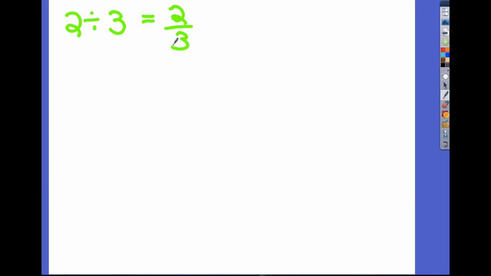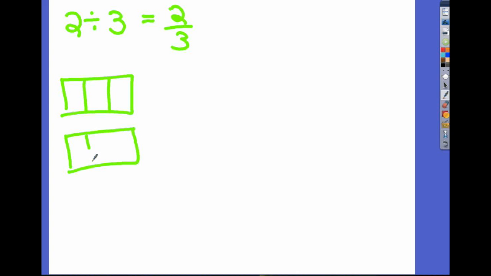Draw 2 boxes and divide it into 3 parts, right? That's what we've talked about.